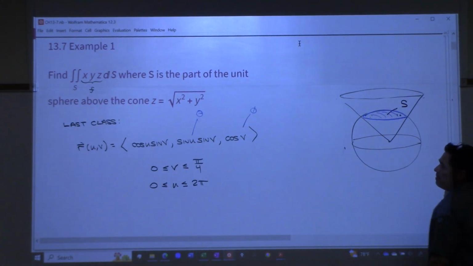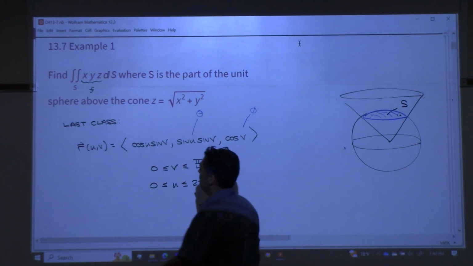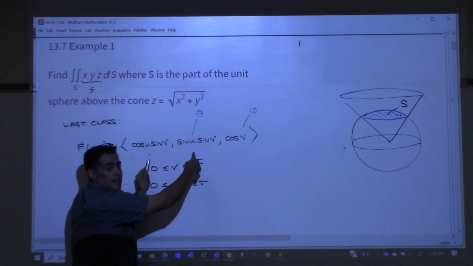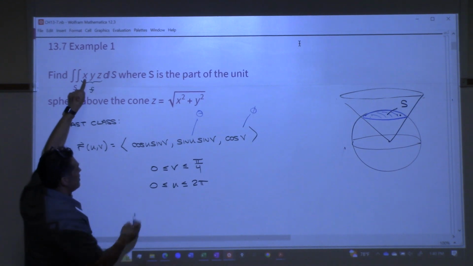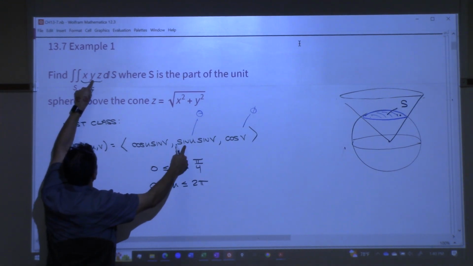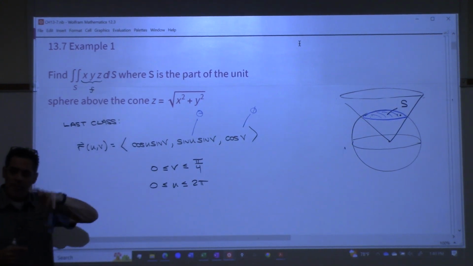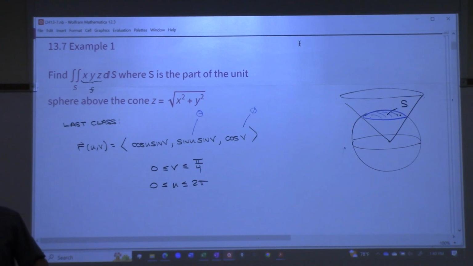That draws me S. Now I need to take this function and evaluate it along this surface. That means I'm going to replace this x with this, y with this, z with this. And then the dS from the previous section is the magnitude of the cross product of the partials.